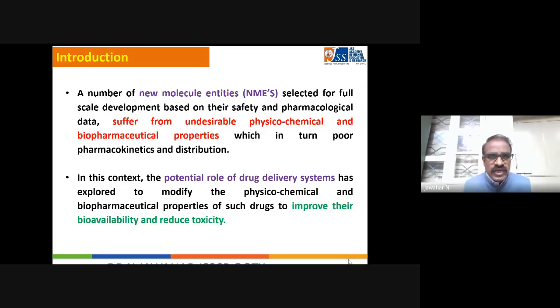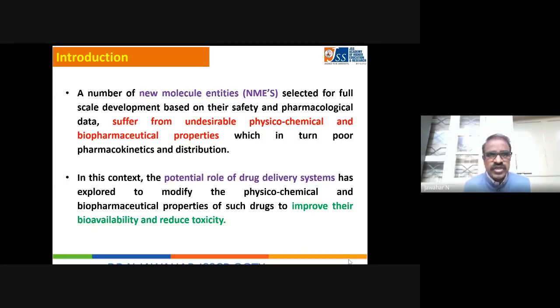As I told, a number of molecular entities selected for full-scale development based on their safety and pharmacological data suffer from undesirable physicochemical and biopharmaceutical properties, which in turn cause poor pharmacokinetics and distribution. Even nowadays many molecules are developed and given for trial.